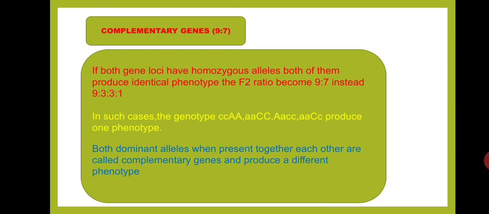In such cases, the genotypes CcAa, CCAa, CcAA, and so on, produce one phenotype. Both dominant alleles, when present together, are called complementary genes and produce a different phenotype.